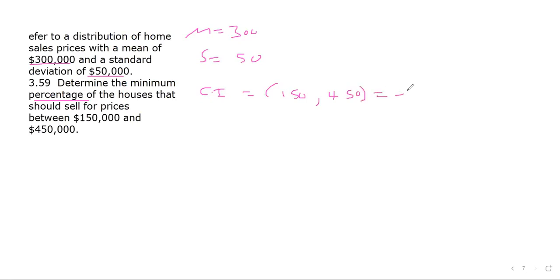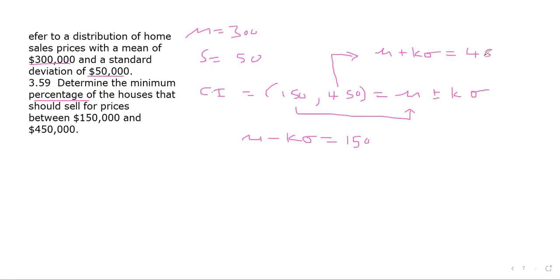So we know this is coming from the mean plus minus k standard deviations. This we know is for the lower bound, where we're subtracting: mean minus k standard deviations will give us 150. And this one is for the upper bound when we add. So mean plus k standard deviations will give us 450. When you use any of them, you get the same answer.